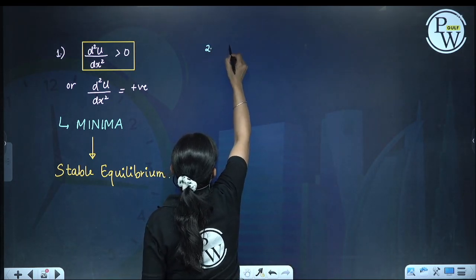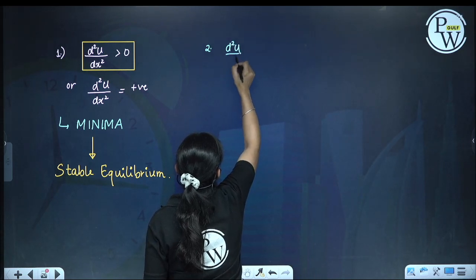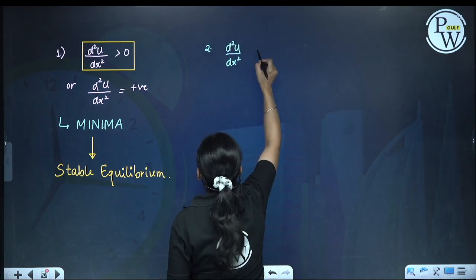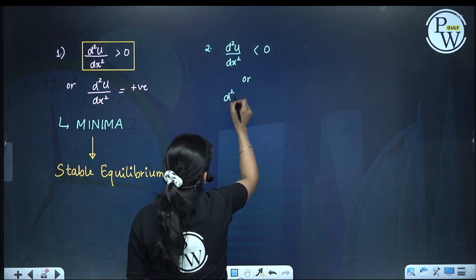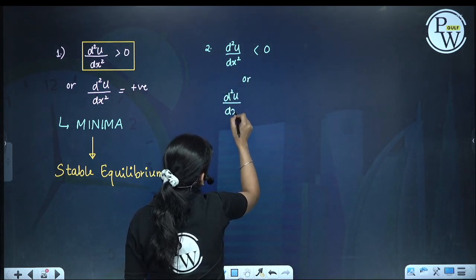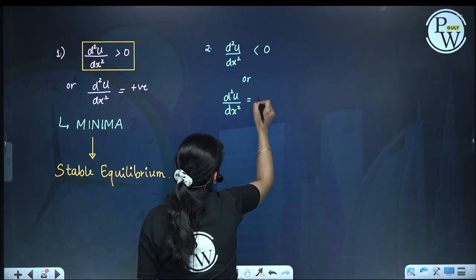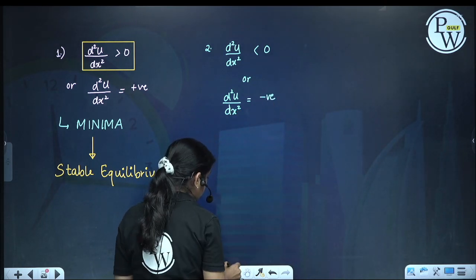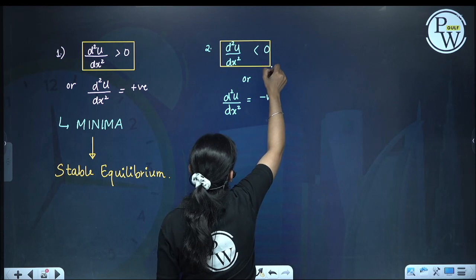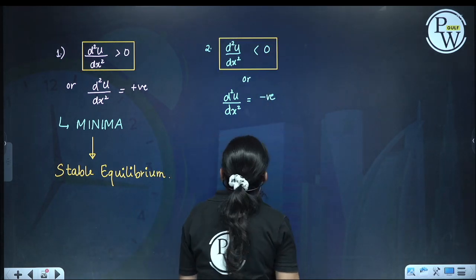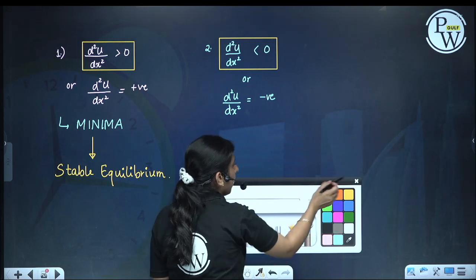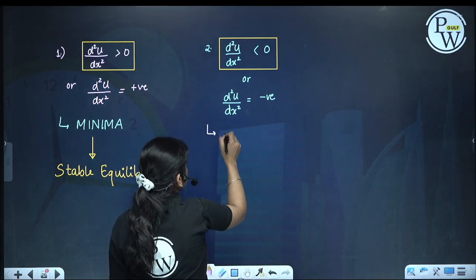Second case, when d²U/dx² is less than 0, that is, d²U/dx² is negative, what will be formed over here? A maximum of potential energy.